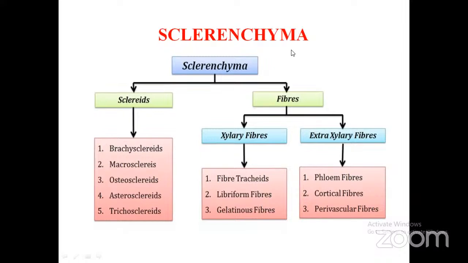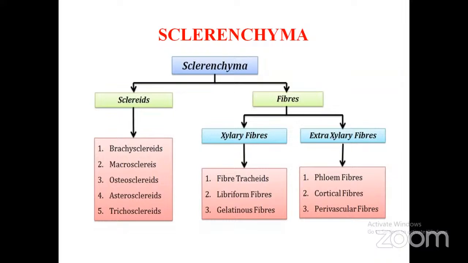Right. Before discussing the types of sclerenchyma, let's see some characteristic features of sclerenchyma. When compared with the rest of the simple tissues, such as parenchyma and collenchyma, this seems to be very hard, and it has lignified thickenings in the wall layers.